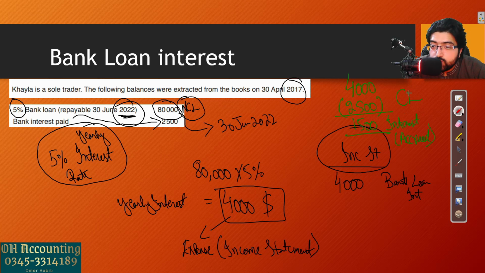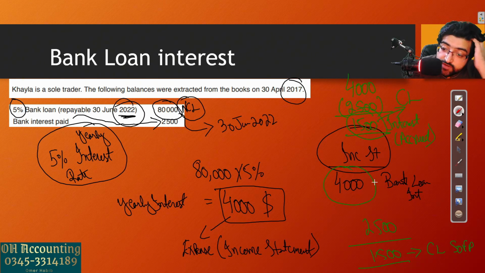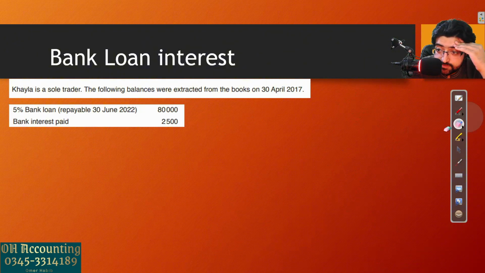So they simply want you to know that you have to include 1,500 as a current liability in SOFP, because the actual interest expense is 4,000, out of which you have paid 2,500. Okay? So the amount that is still unpaid is 1,500. So record this as a current liability in SOFP till you pay this amount. Okay? This is what we do. But in the income statement, we record the actual amount of expense belonging to the current year, which is $4,000. Okay, simple. It will be clear when I do this again in the past paper question.